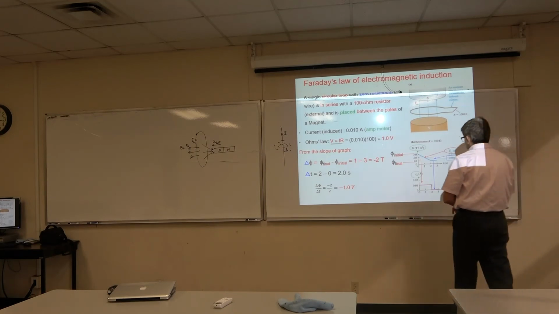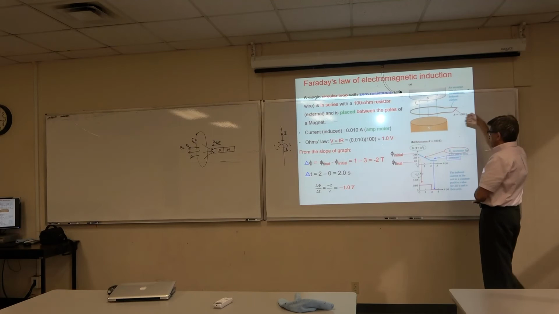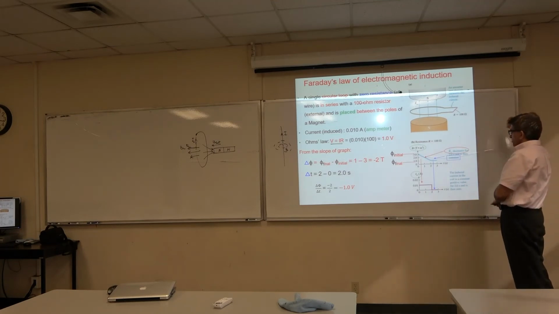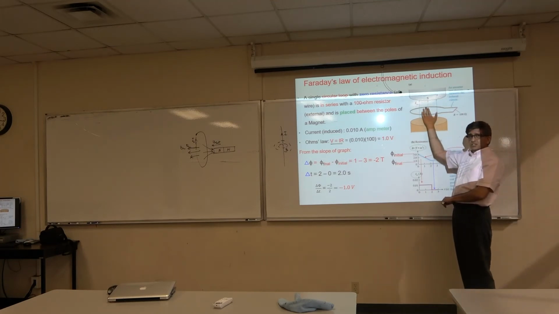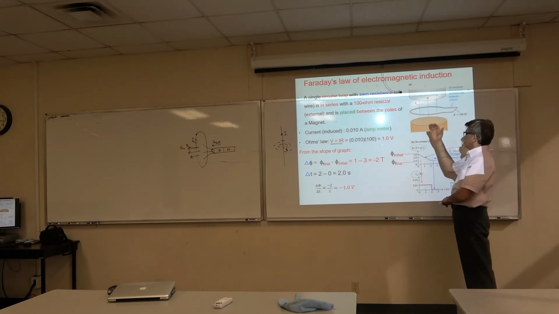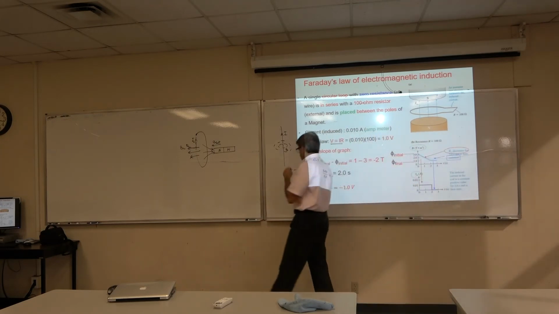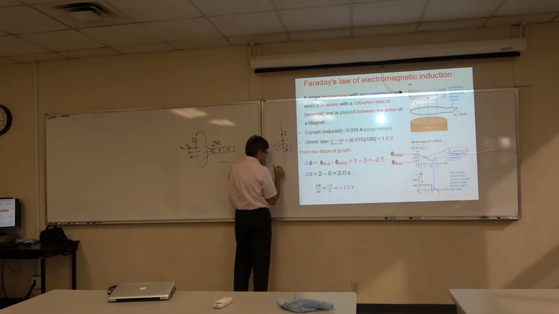The flux is the magnetic field times the area, right? When I move this coil, there is a change. There is a magnetic field applied by the magnet, and then the area of the coil through which the magnetic field lines move. So the flux is equal to B dot A.